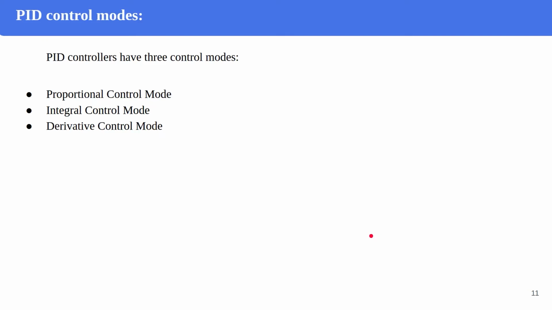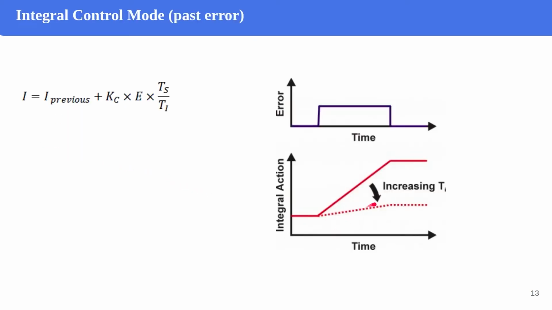PID controllers have three control modes: the proportional control mode, integral control mode, and derivative control mode. You see a large value of Ti results in a slow integral action, and a small value of Ti results in a fast integral action. If the integral time Ti is set too long, the controller will be sluggish.